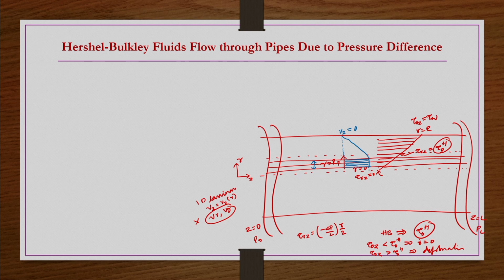But here it will have the maximum velocity for the entire range from r equals 0 to r equals Rp, which we call Vzp, which is nothing but Vz max.